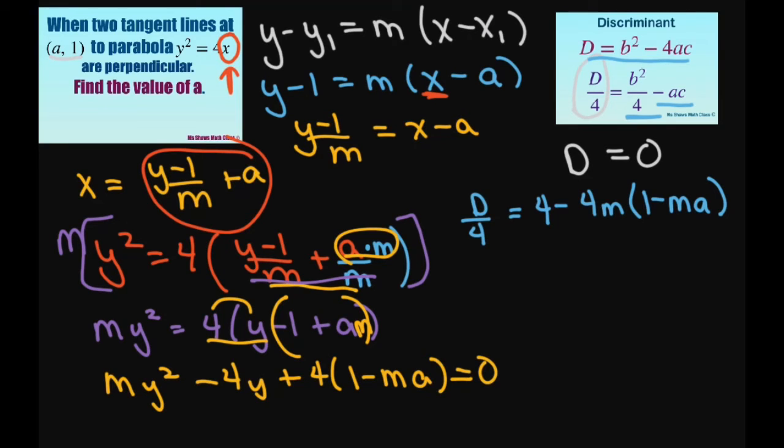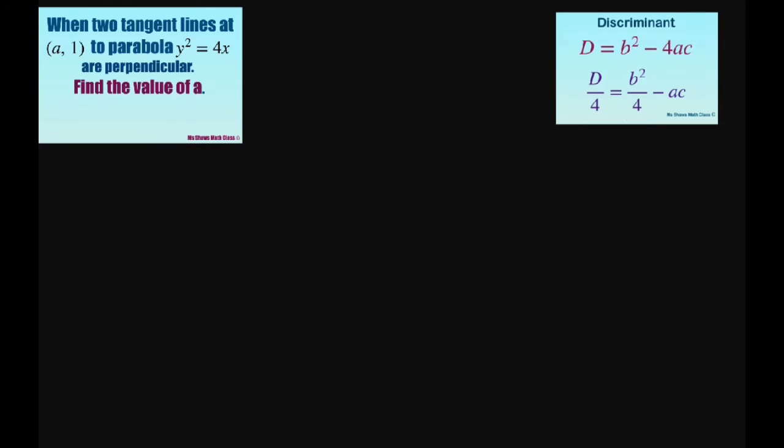Now from there, I'm going to simplify all this, and this is going to give us 4am squared minus 4m plus 4 equals 0. It's probably better if we just divide everything by 4.